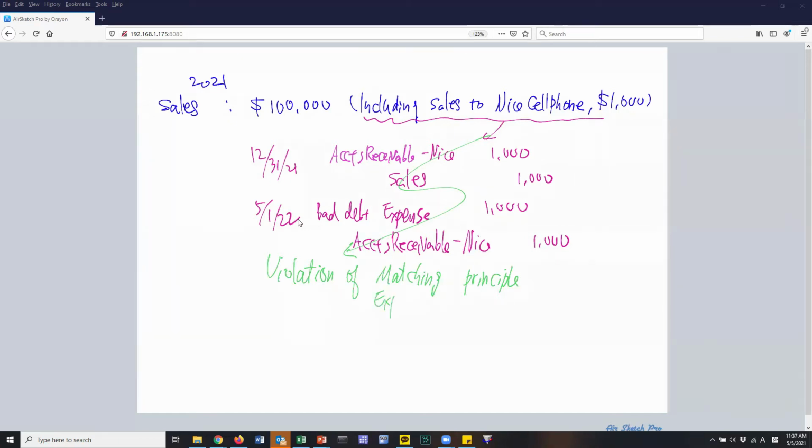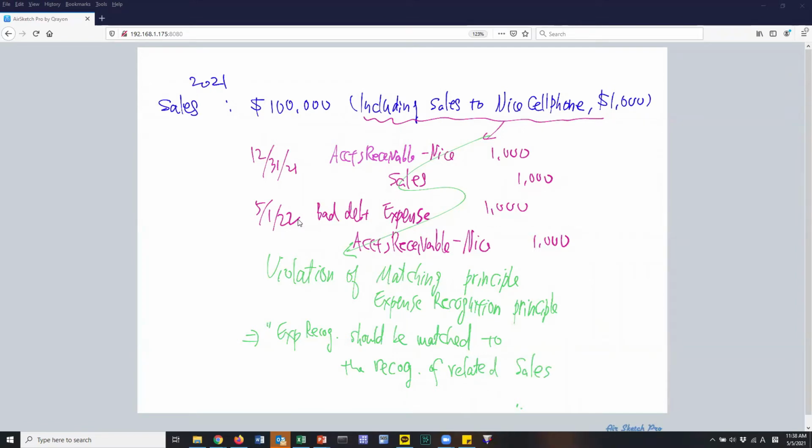Or another name of it is expense recognition principle, which states that expense recognition should be matched in terms of timing to the recognition of related sales.